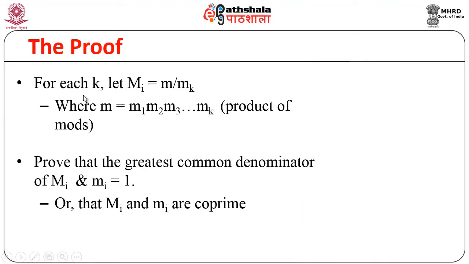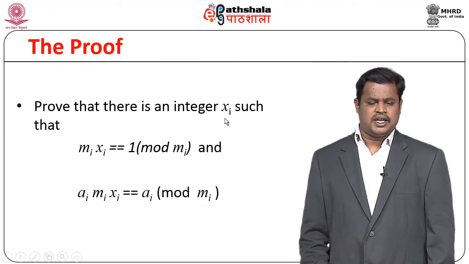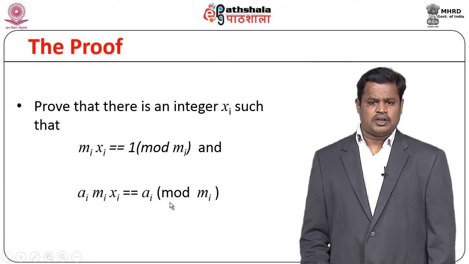Then we have also proved that for each k, let Mi be equal to M divided by mk, where M is the product of these, and the greatest common divisor of Mi and mi is equal to 1, so Mi and mi are co-prime. It also proves that there is an integer xi such that Mi xi is equal to 1 mod mi, and if there is ai as an integer, then ai Mi xi is equal to ai mod mi.